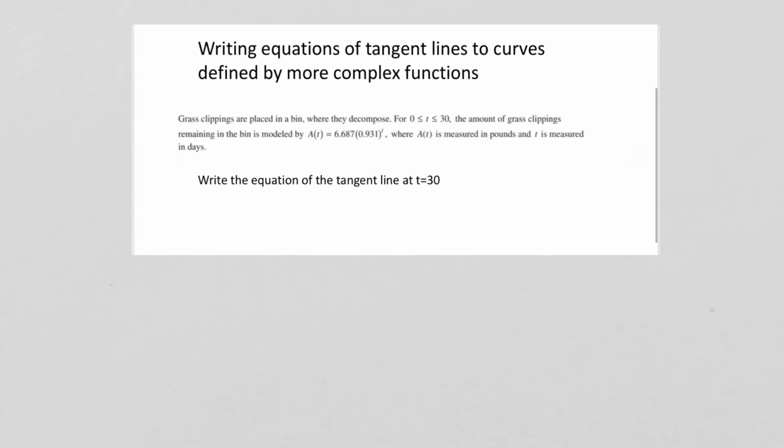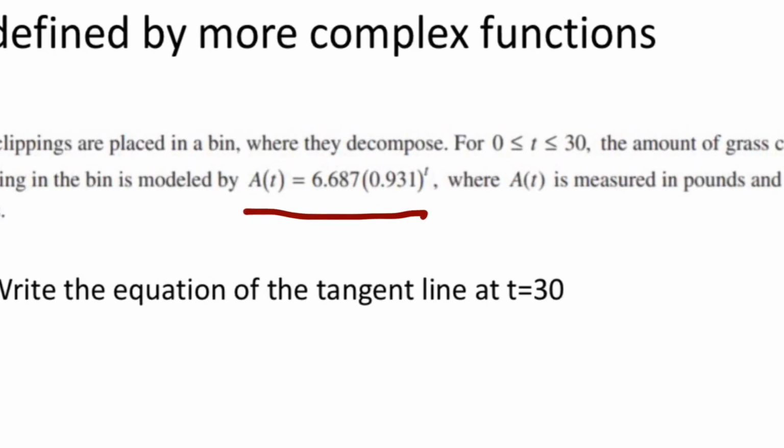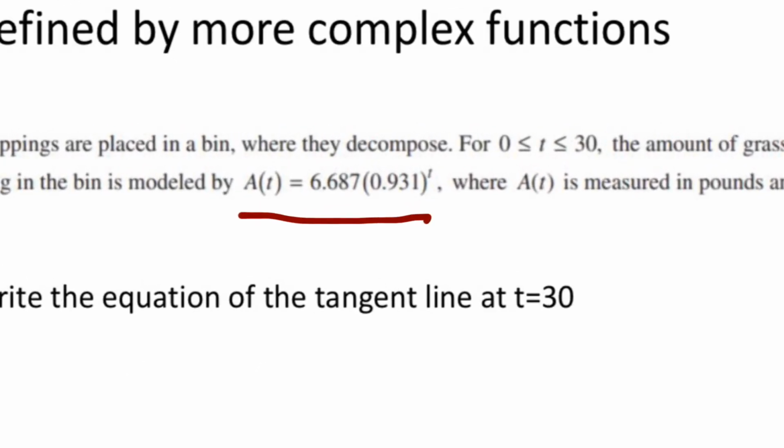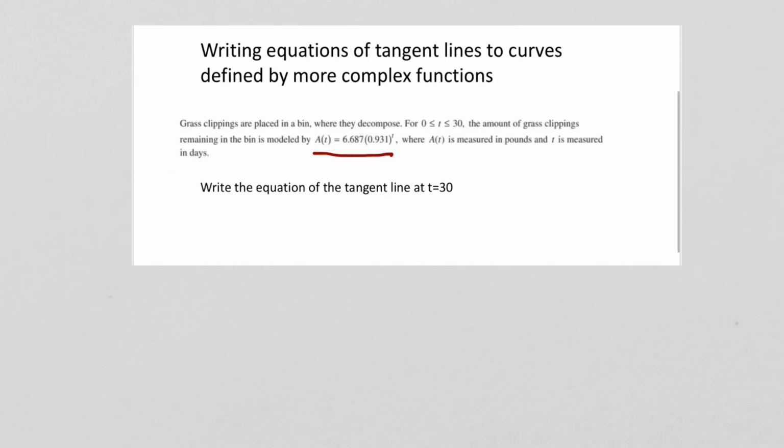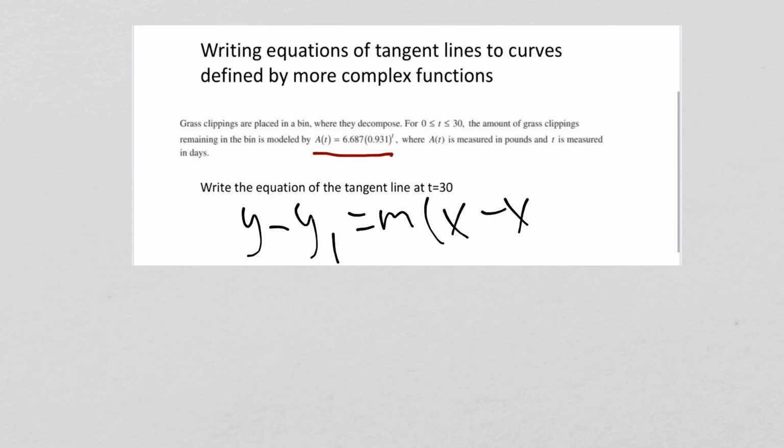Okay, last thing I'm going to show you is how to do this for a more complex curve. So here we have this curve defined by a of t equals 6.687 times 0.931 raised to the t power. And the question is asking for the equation of the tangent line at t equals 30. Okay, so we have been writing y minus y1 equals m times x minus x1 because x has been our independent variable.